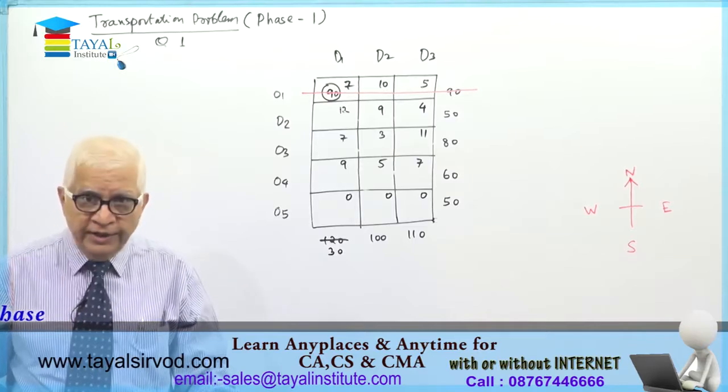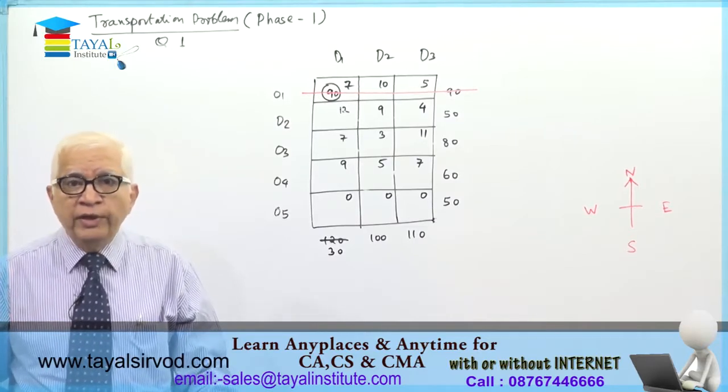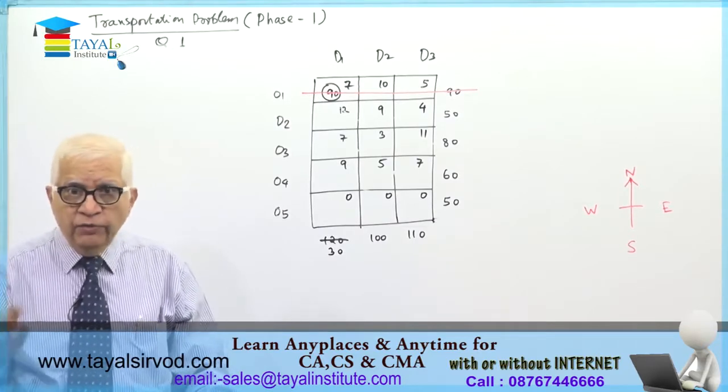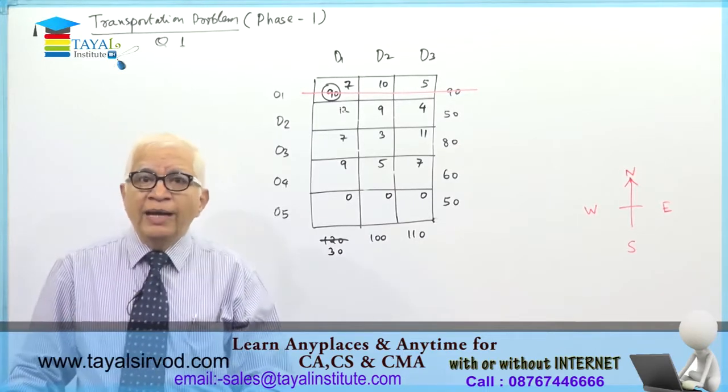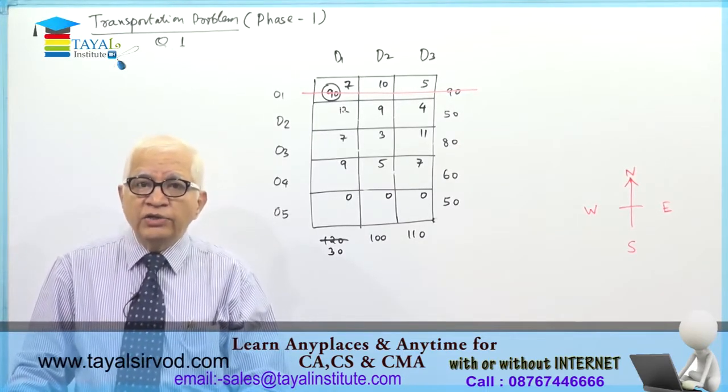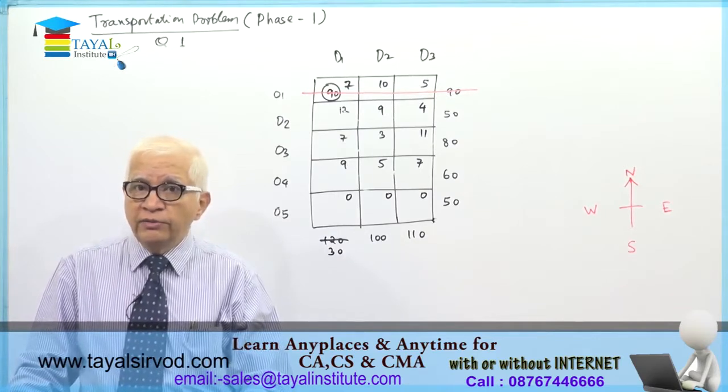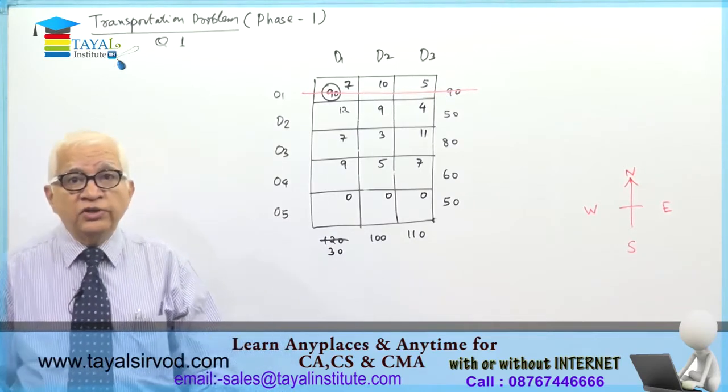As a result, the total demand for D1, which was 120, stands satisfied to the extent of 90. So balance demand in destination D1 is now 30 units. Fine. So first allocation successfully made.